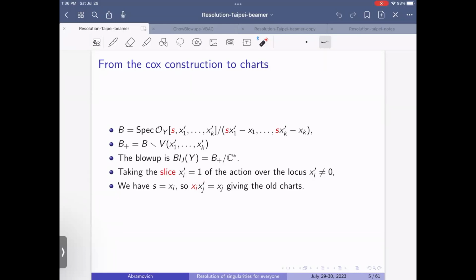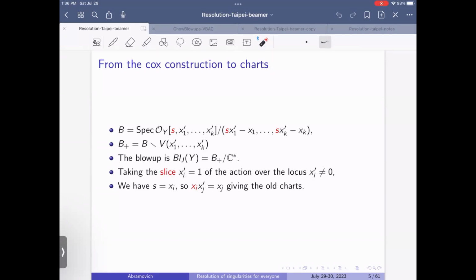That is a slice of the action, so that I no longer have a C star action, once the locus where xi prime is non-zero is spanned by C star orbits with exactly one point on which xi prime equals 1 on each orbit. So that's what I mean by a slice.